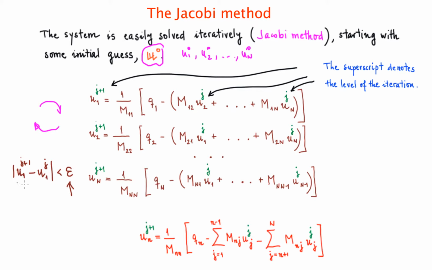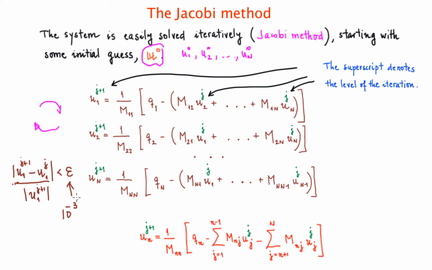Actually, it's better to consider not just the absolute value of the difference, but the absolute relative difference, which basically is just this one divided by the absolute value, for example, of this one. So whenever the relative difference is lower than some specific value, which could be, for example, 10 to minus 3, this is a value that you have to consider to be accurate.